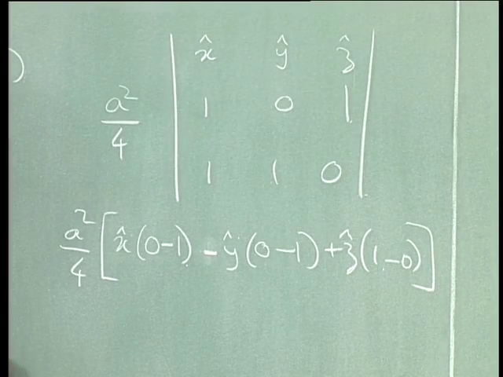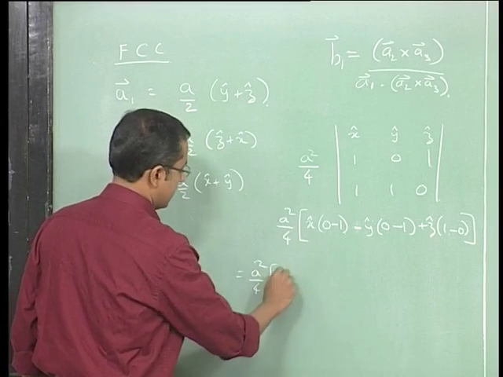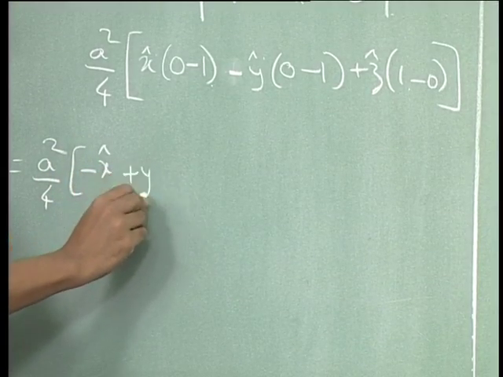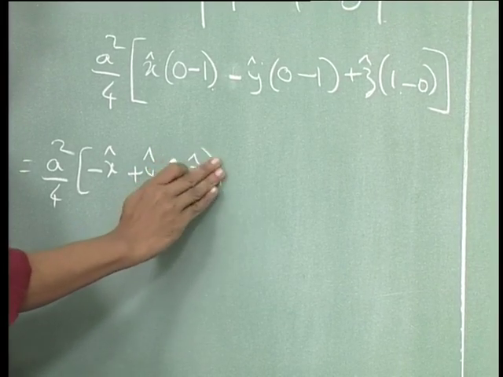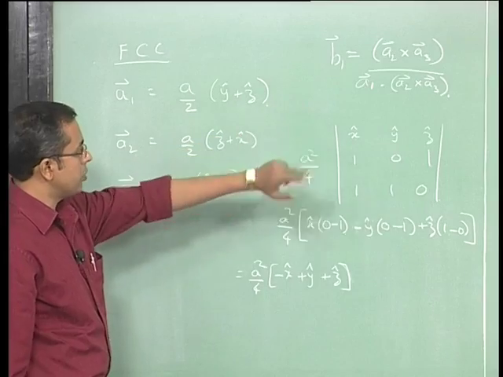This is a standard expansion. So this is simply a square by 4 times minus x cap plus y cap plus z cap. This is simply the cross product A2 cross A3.